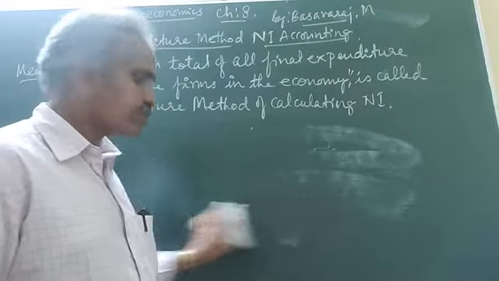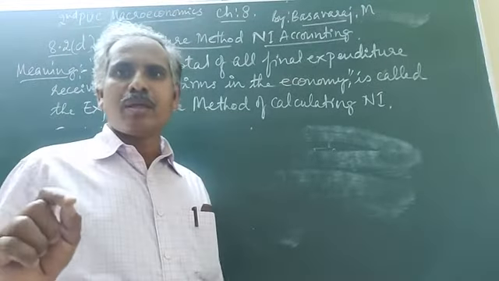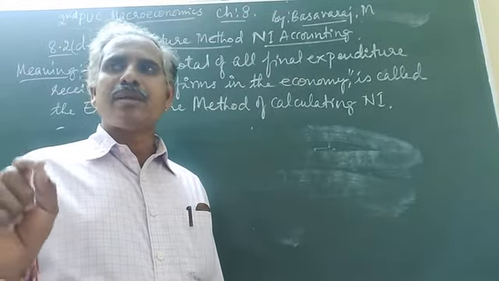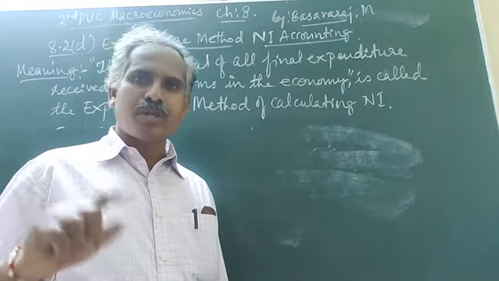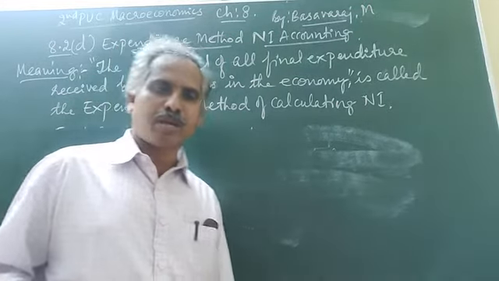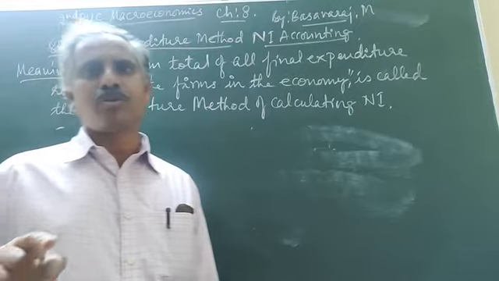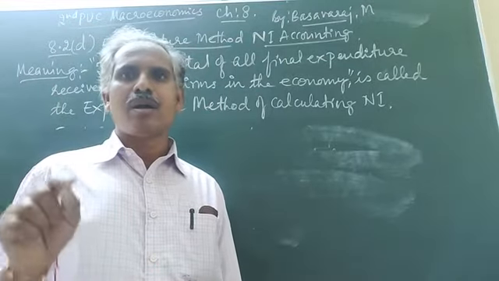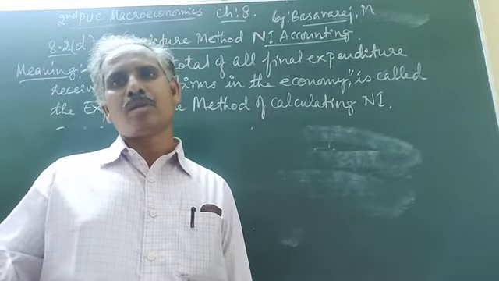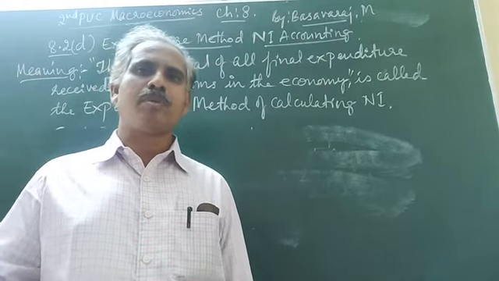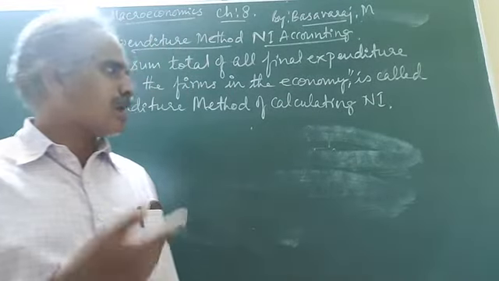Because when the firms get the revenue by producing the goods and selling them in the market, they must spend the income in producing other goods, by buying goods, which is called expenditure method.